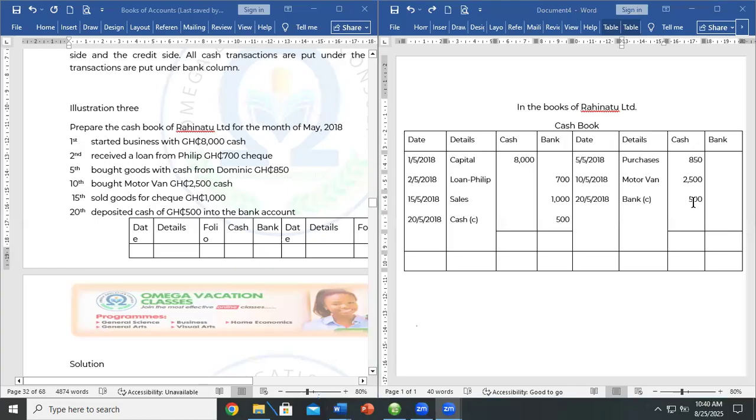Augustine, I think I've answered the question. They don't affect the balances on the ledger because they cancel each other. But the question is, why do we record it if it will not have any effect? In accounting, we don't only record transactions because we think they will have an effect on the financial position.